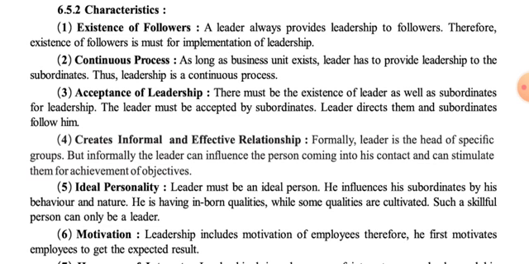Now see, the first characteristic is existence of followers. It is the basic requirement. Now the third one is also interrelated with the first characteristic, that is, along with the existence of followers, the followers must follow or accept the leadership of the leader, and it is the basic requirement.